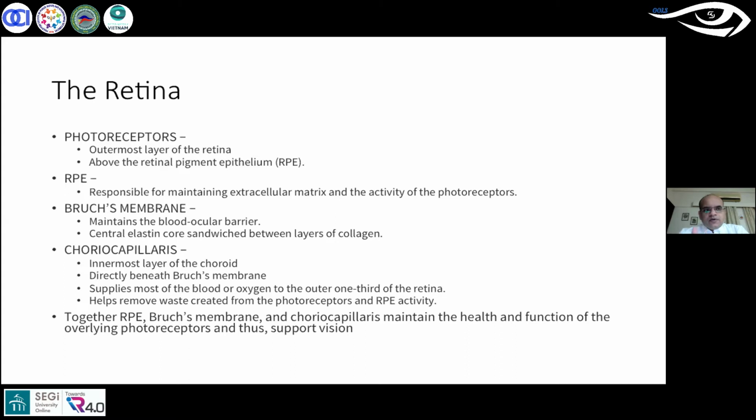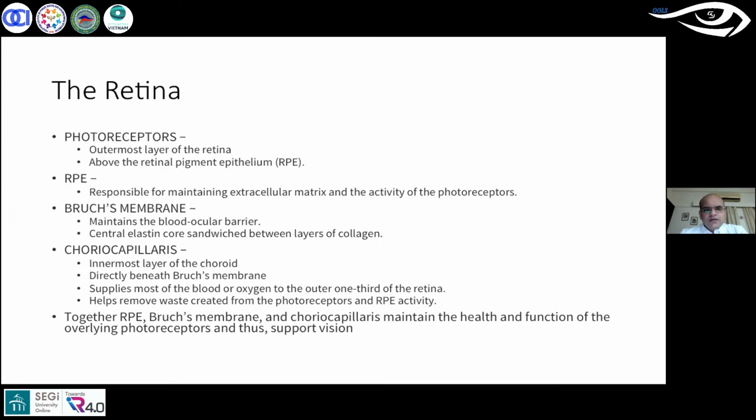So the photoreceptors, RPE and Bruch's membrane form the very important layers of the retina, which are central to age-related macular degeneration and its pathophysiology. The choriocapillaris are the innermost layers of the choroid, situated directly beneath the Bruch's membrane. This supplies most of the blood and oxygen to the outer one-third of the retina, which includes the layers up to the photoreceptor layers. It also helps remove the waste created from the photoreceptor and RPE activities.